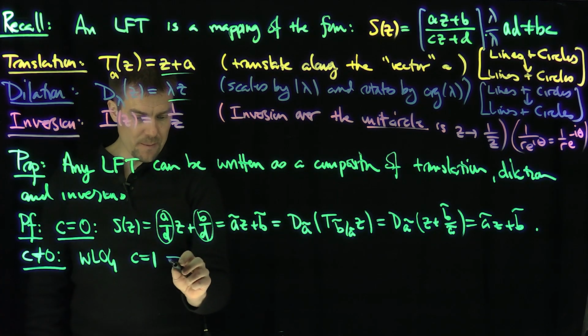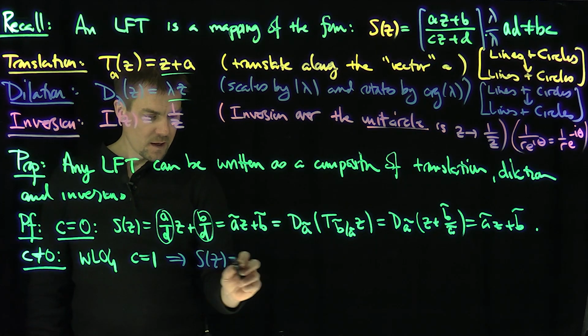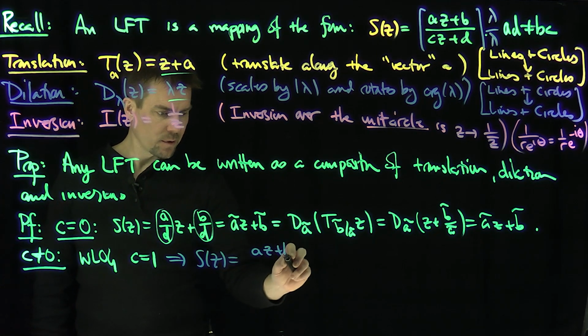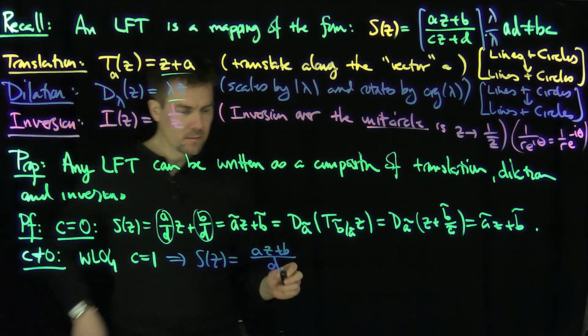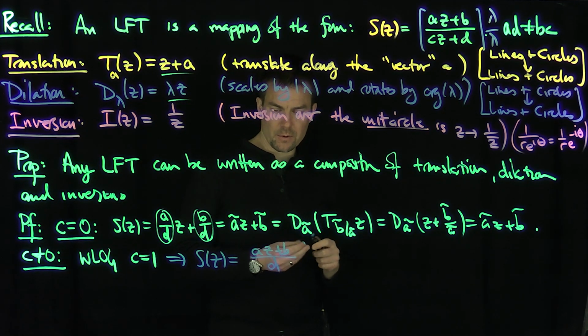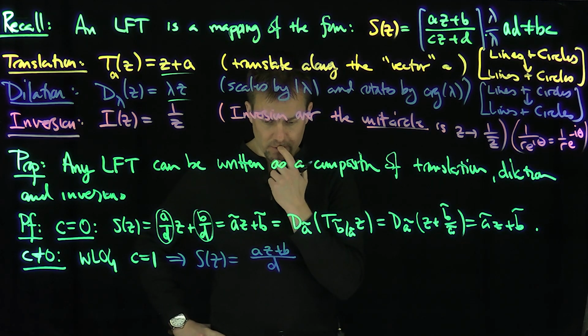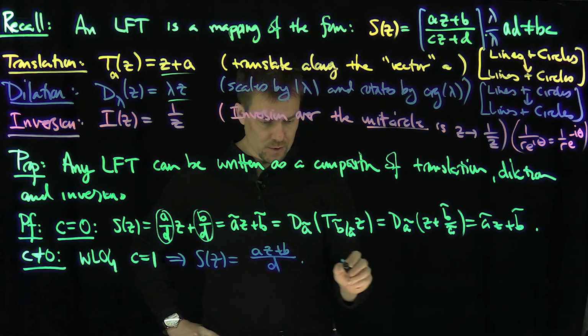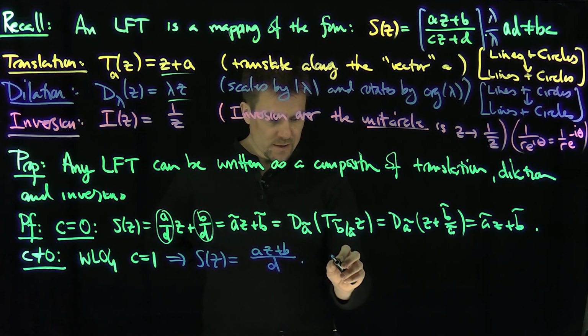And so then what does your mapping look like? Then your S of z is going to be (az plus b) over (z plus d). Okay, and so what's the first thing we're going to do over here? Let's think carefully about how we're going to do this, so let's do it slowly. The first thing I'm going to do is translate by d.